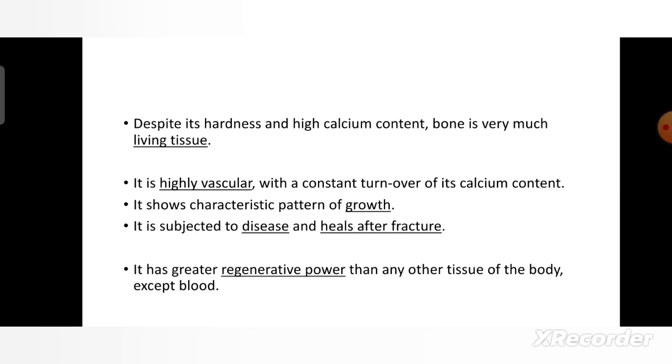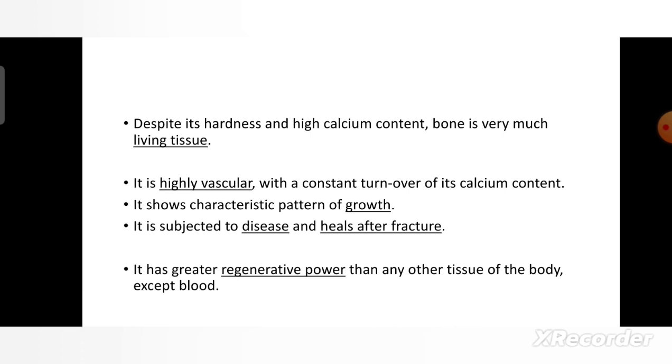Despite its hardness and high calcium content, bone is very much living tissue. It is highly vascular, that is having a great blood supply with a constant turnover of its calcium content. It shows characteristic pattern of growth. It is subjected to disease and heals after fracture.